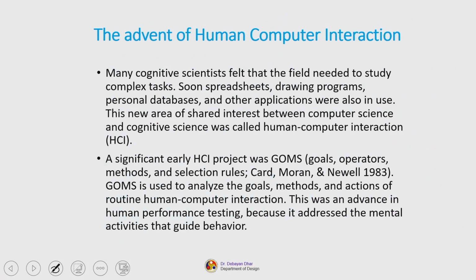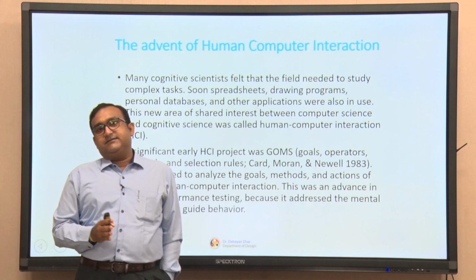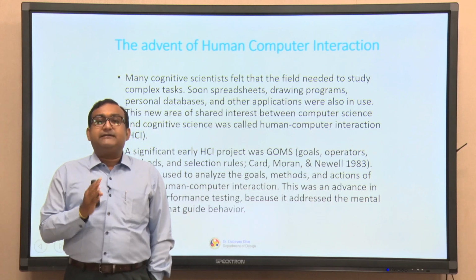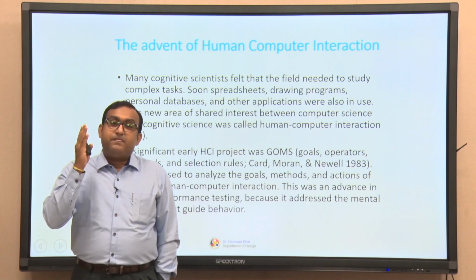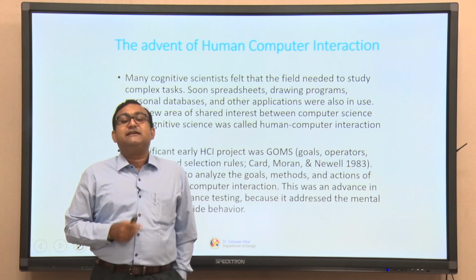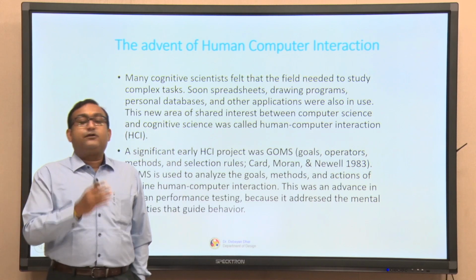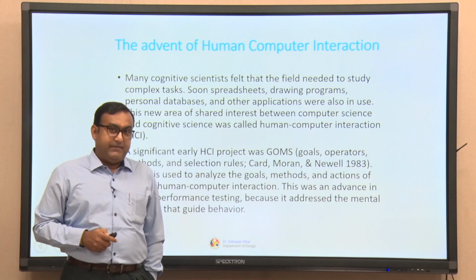Because for the first time, mental activities were considered as a construct that guides human behavior. That was the advent of consideration of mental operators, mental processes as parameters that influence human decision making, specifically in the context of software development.